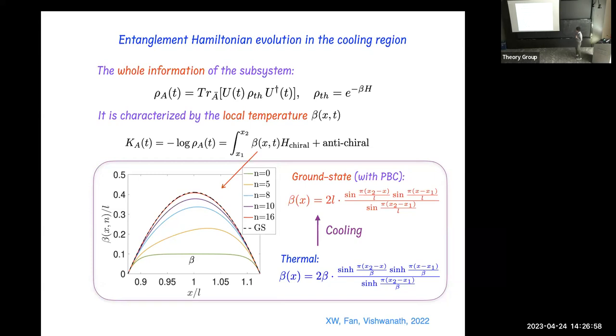As we drive the system, at the very beginning, the reduced density matrix is nothing but the thermal density matrix. It only depends on the temperature beta. As we drive the system in time, this local temperature will evolve in this way. Finally, it will approach this ground state value.